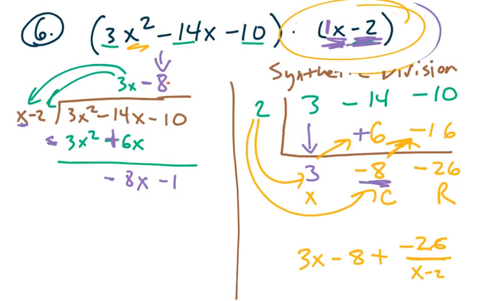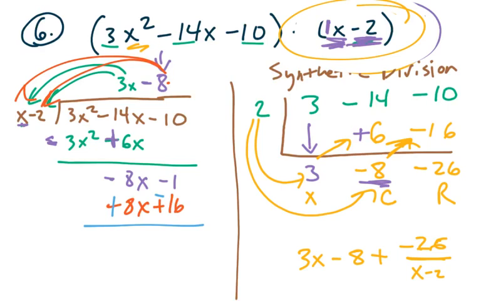Negative 8 times x gives me negative 8x. Negative 8 times negative 2 is going to give me positive 16, but once again, we must change our signs. And this is supposed to say 10, so this is going to give me negative 26. And that's the same thing here. So, there you have it.